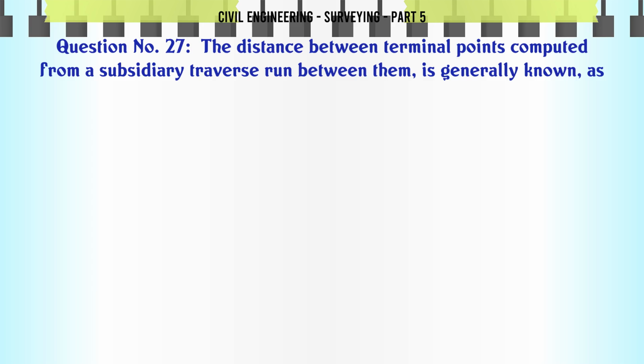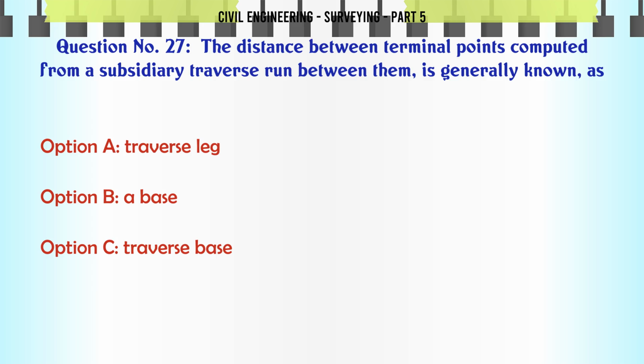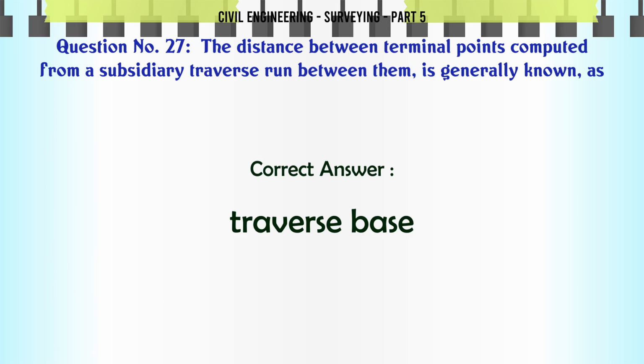The distance between terminal points computed from a subsidiary traverse run between them is generally known as A, traverse leg, B, a base, C, traverse base, D, all the above. The correct answer is traverse base.